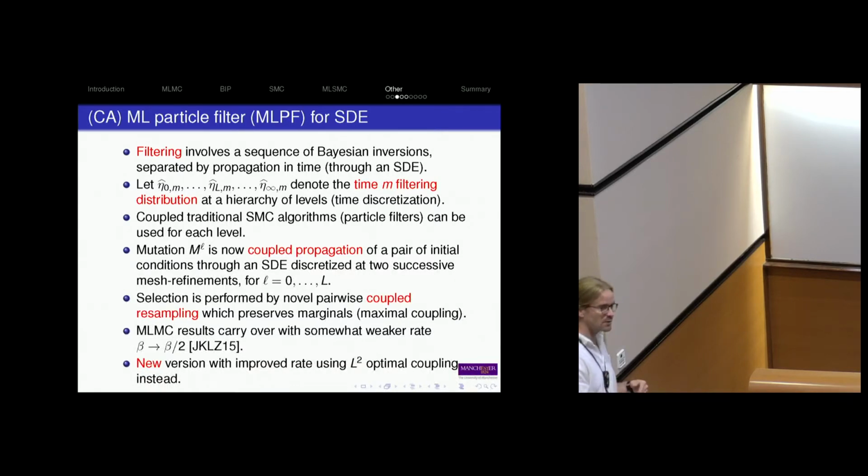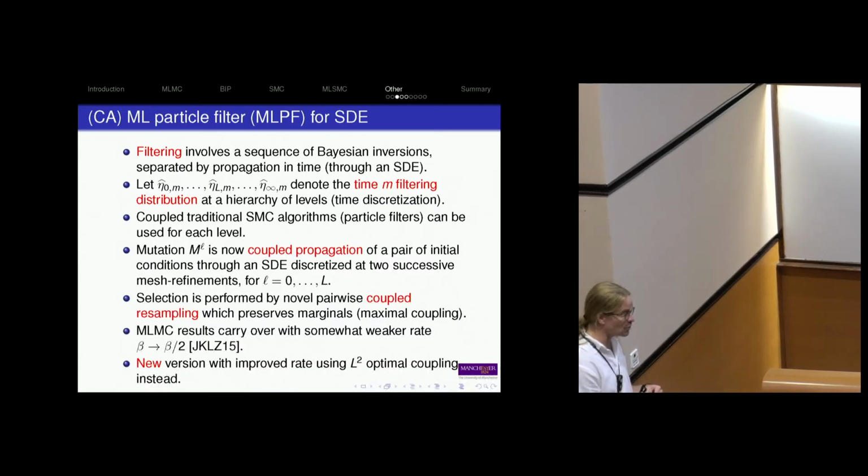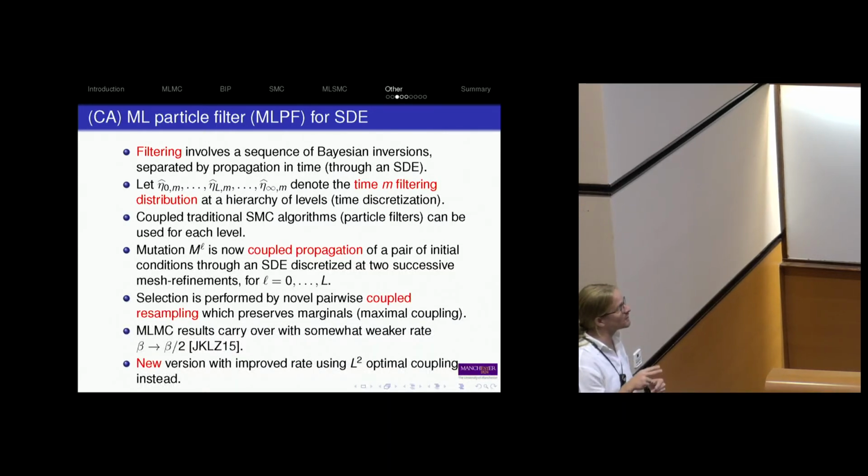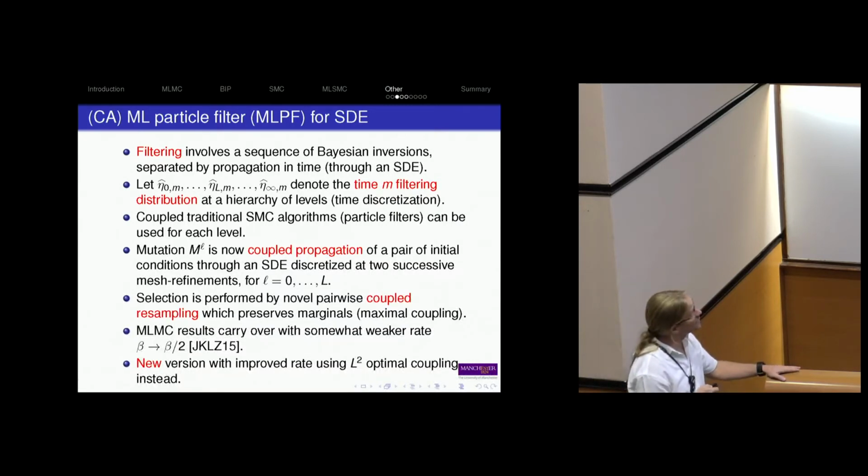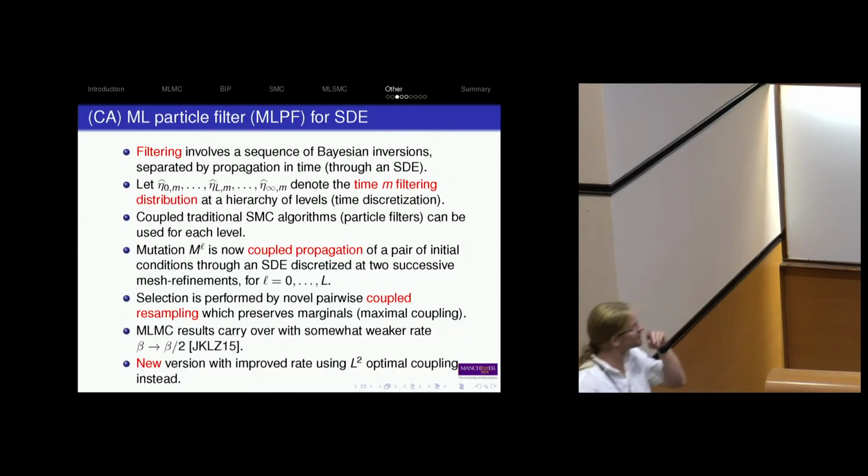We sample a multinomial from a maximal coupling of the successive levels, which preserves the marginals and maximizes the probability that any two indices will be the same before resampling to after resampling.